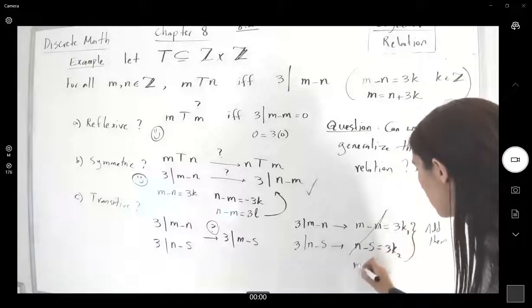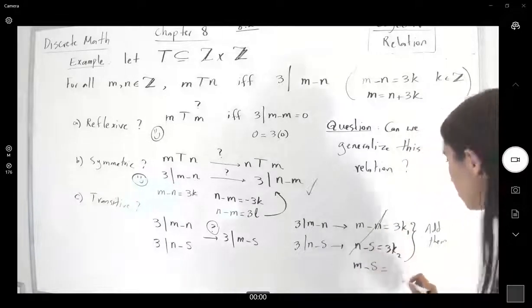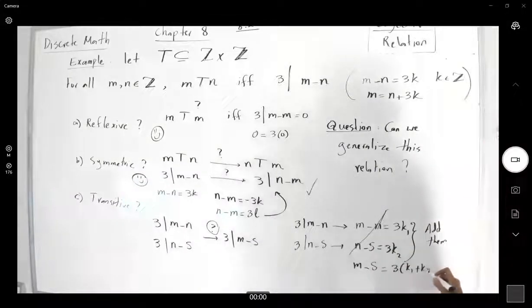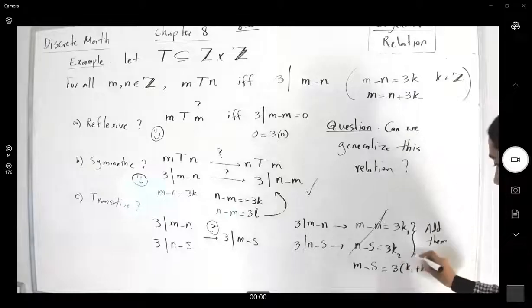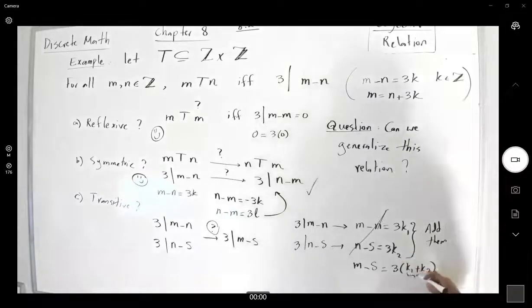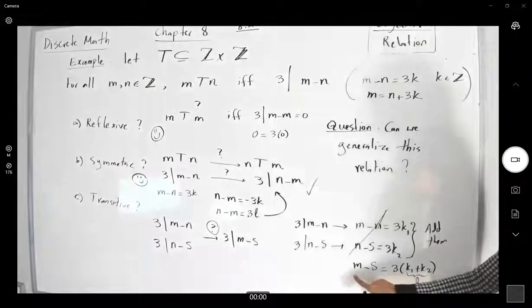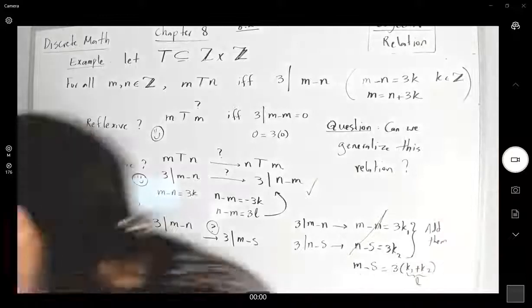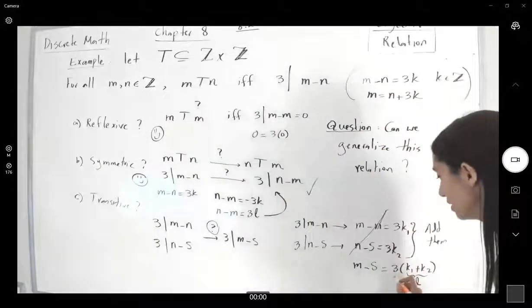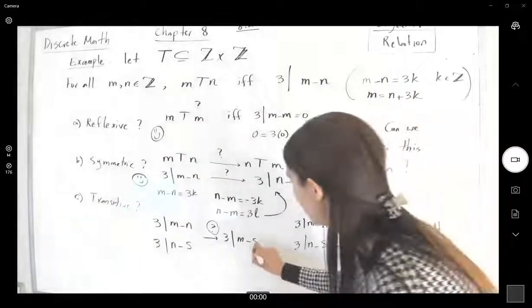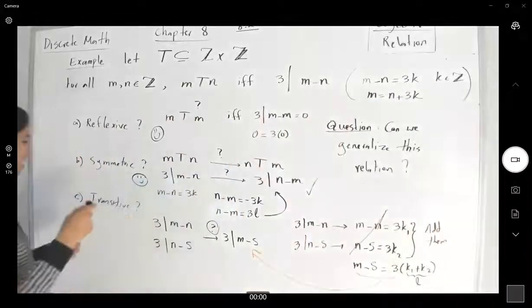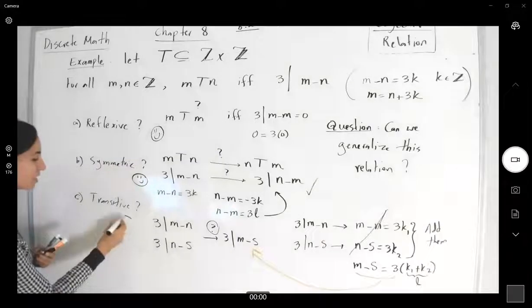You have M minus S, which is equal to 3 times K1 plus K2. This can be called L. So 3 divides M minus S. So it is transitive as well.